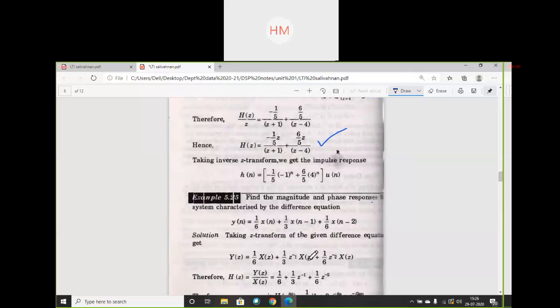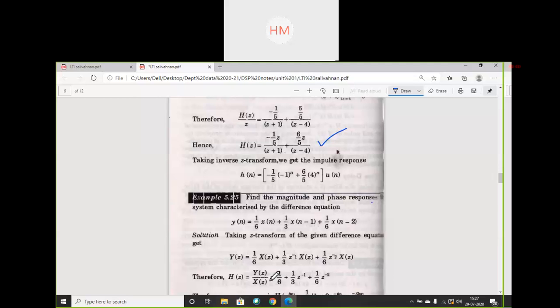Okay. Then I will find out h of z, which is y of z upon x of z. So I got this equation. Clear? Now I will find out the frequency response. Whenever it is asked for the frequency response, in the previous class I discussed one chart in which all the relationships between Z transforms and frequency domain were discussed.